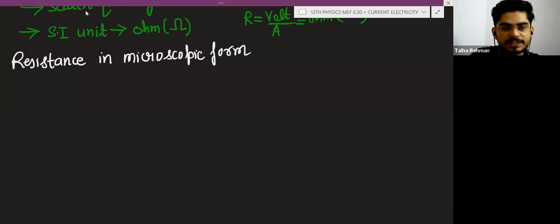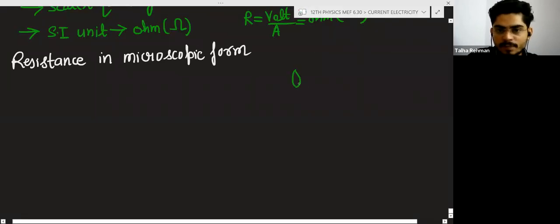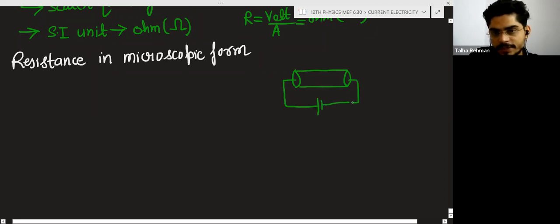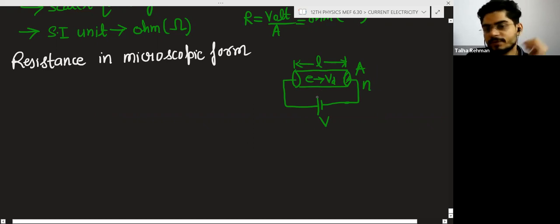We know that there is a relation between the current and the drift velocity. If here is a conductor and a battery is connected here, and the potential difference across the battery is V, so the potential difference across the conductor is V. L is the length of the conductor, A is the area of cross section of the conductor, n is the number of free electrons in the unit volume of conductor, and Vd is the drift velocity of electrons.